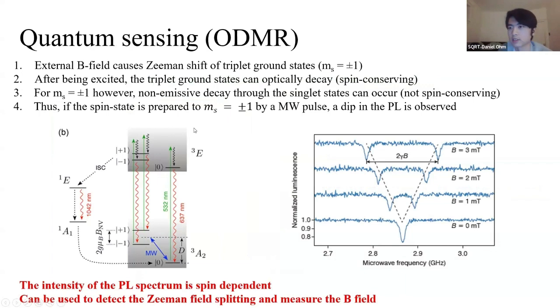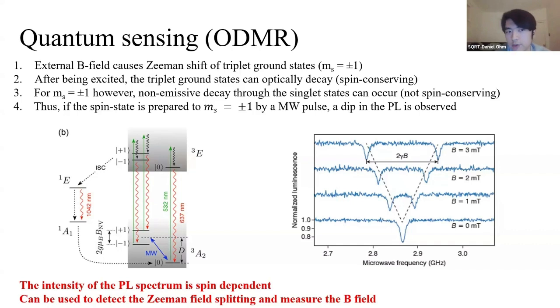So what can you do with this basic platform? With this basic scheme, you can do what's called quantum sensing. So CW-ODMR is actually the basic form of quantum sensing I mentioned over here. And so the basic principle being, first, if I have an external B field, what would happen is that these degenerate plus and minus one states get what's called a Zeeman splitting.